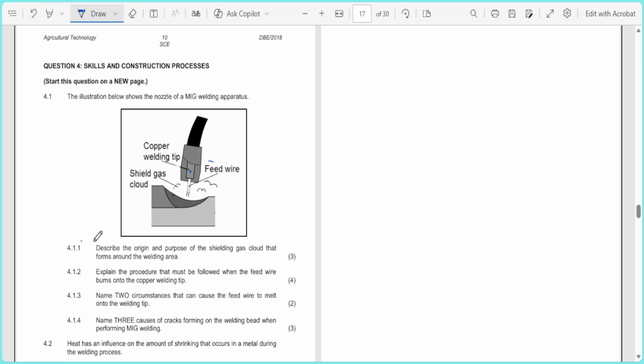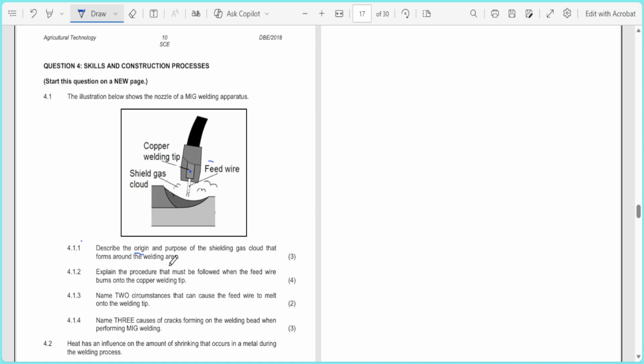So for 4.1.1, they want us to describe the origin and purpose of the shielding gas cloud that forms around the welding area. The shielding gas cloud is very important during this welding process. Number one, the molten puddle that forms during the welding process, the shielding gas is responsible for protecting it.